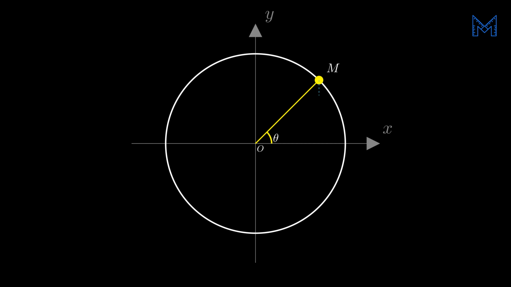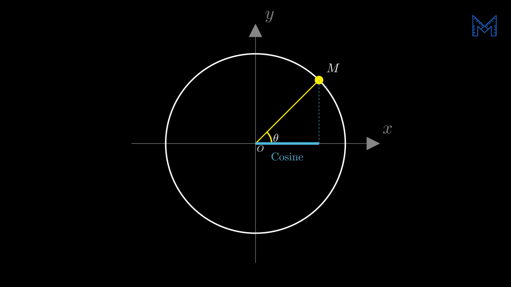Let us first look at the projection of point M onto the horizontal axis, that is, the x-axis. From point M, we project vertically down to the x-axis. This gives a projection point. The signed distance from the origin O to this projection point, measured along the x-axis, is exactly the cosine of the angle theta.